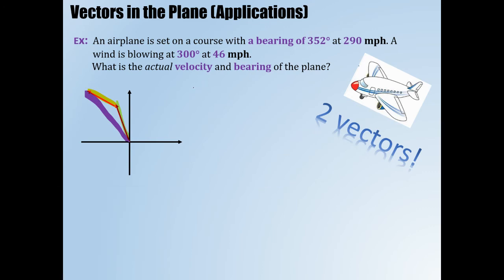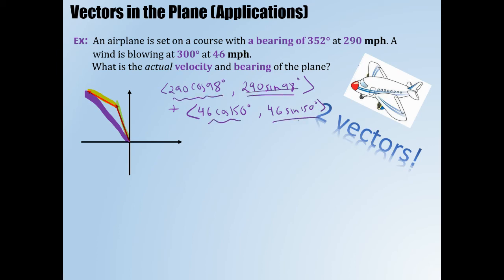So I just got on the last slide that we had 290 cosine of 98, 290 sine of 98, and then to that, we're going to add 46 cosine of 150, 46 sine of 150. And you're adding this and this and this and this. Go ahead and try it in your calculator.